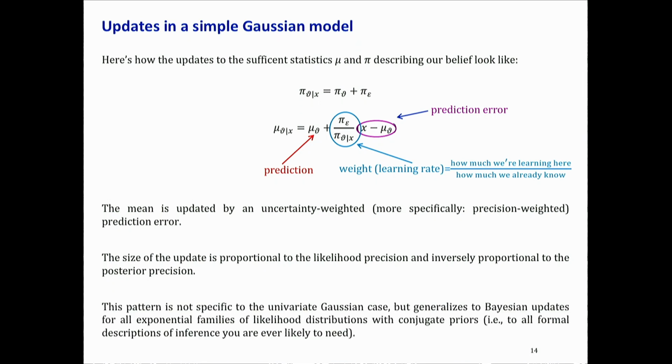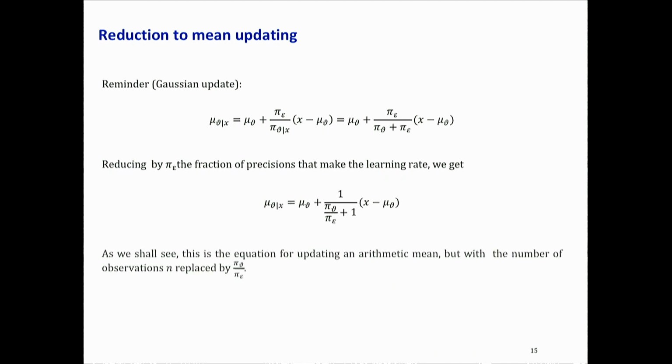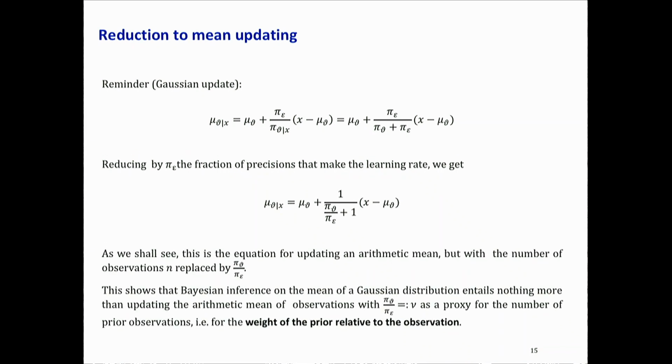And this means that the more we already know, the less we're going to update. And this is now captured by the nu we have here. The higher nu is, the lower the learning rate here. The higher our prior precision is, the higher nu is, the lower our learning rate. So nu tells us how many sort of virtual previous observations are contained in our prior.